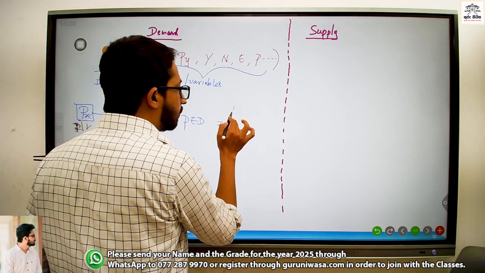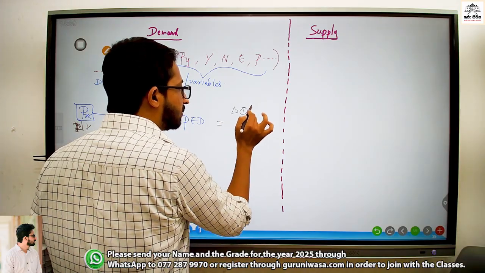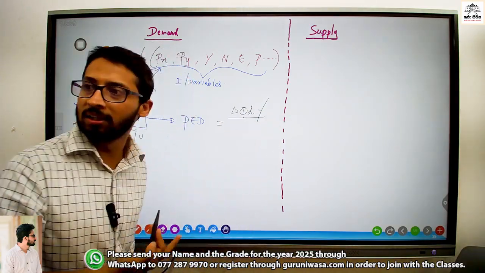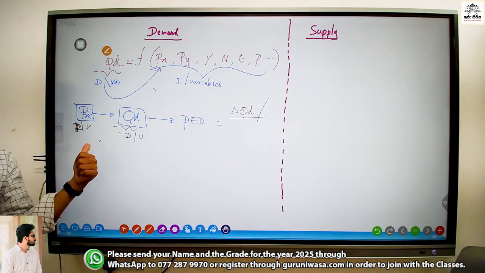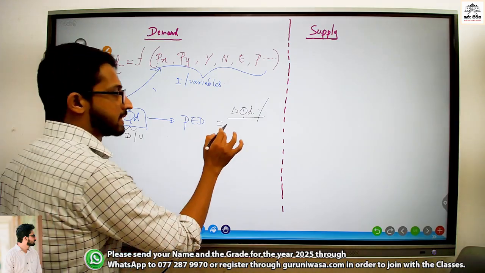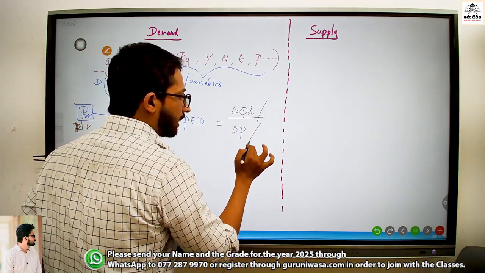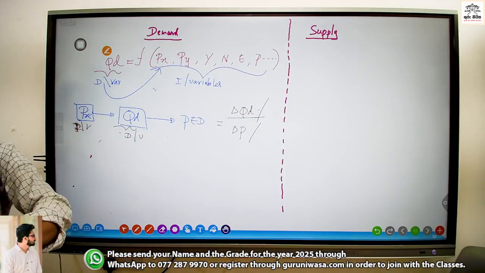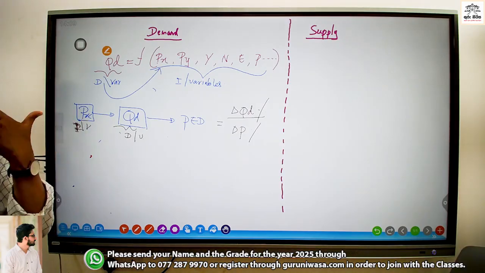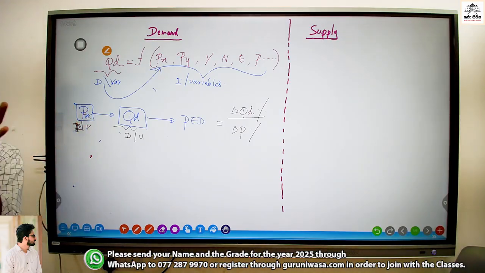So PED equals percentage change in quantity demand over percentage change in independent variable. What is the independent variable now? Price. You get the point. That's why I told you, if you know the basic point, you can derive or make equations for other types of elasticity.